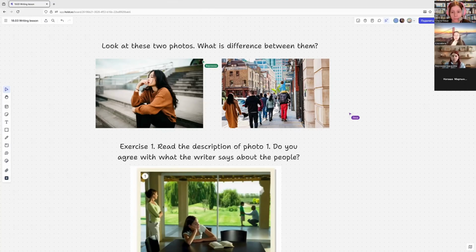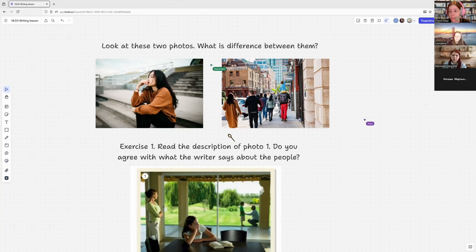The lady made a pose of some sort, and the second photo it's just the people on the street. They are walking. They are going about their day. Yeah, agree. And Natalie? I agree with the ladies, to be honest. Okay, got it, got it.